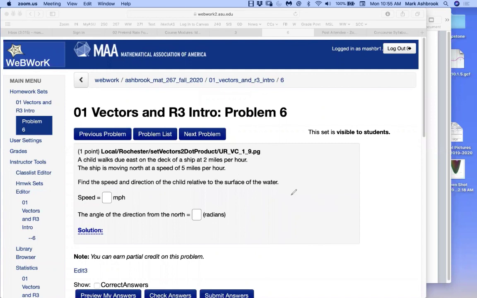This question. So we're on a ship here, and the ship is moving north at 5 miles per hour, and then the child walks east at 2 miles per hour.